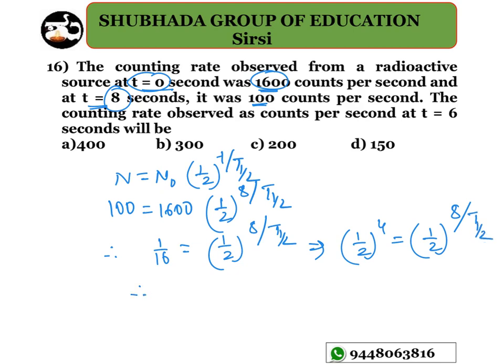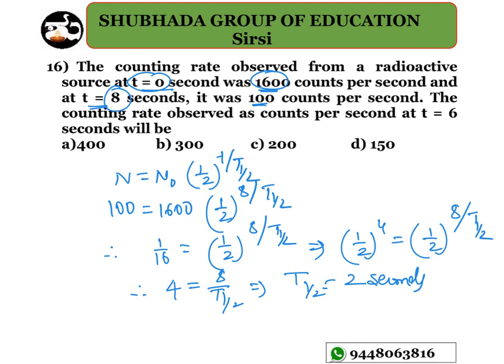So therefore I will get 4 equal to 8 divided by t half, that is, t half is going to be 2 seconds. T half is going to be 2 seconds here.